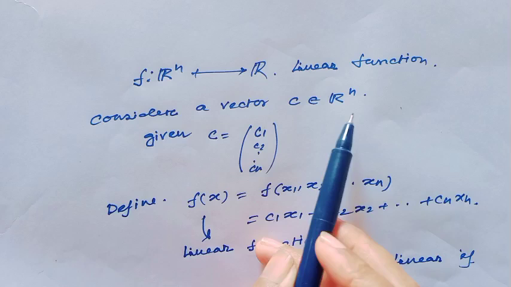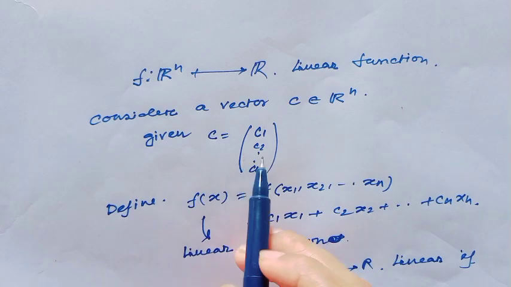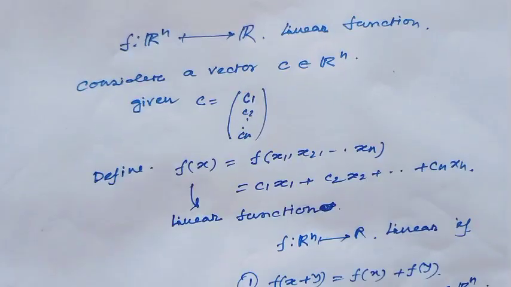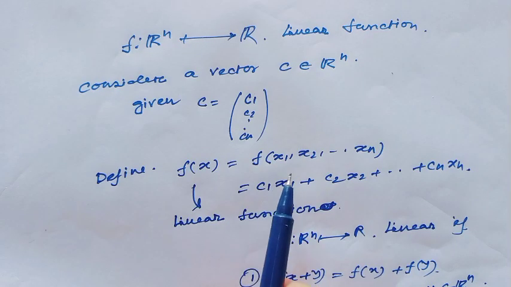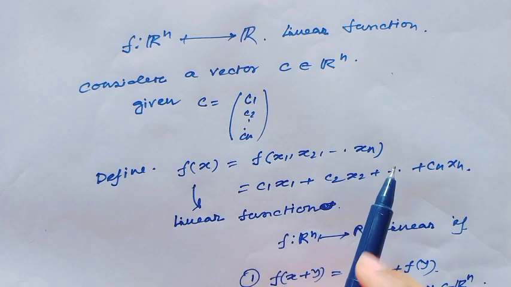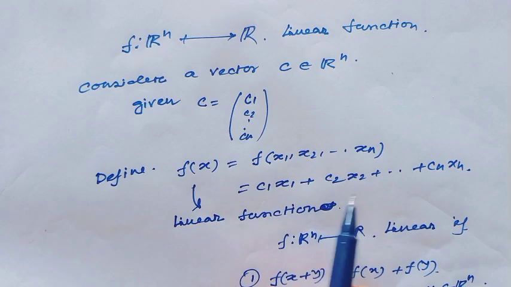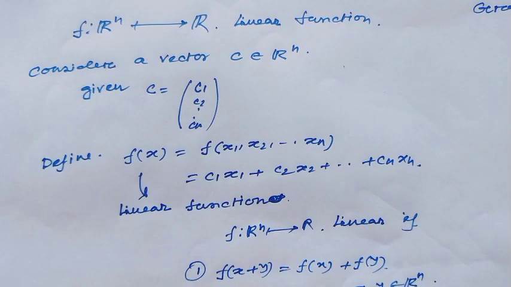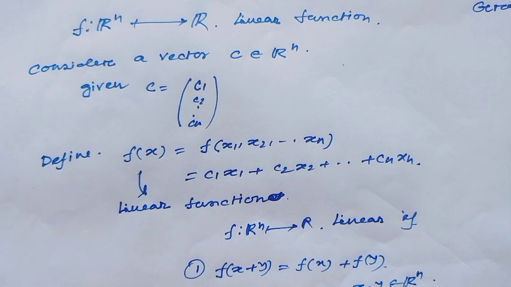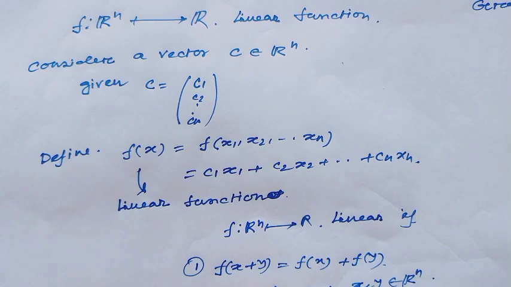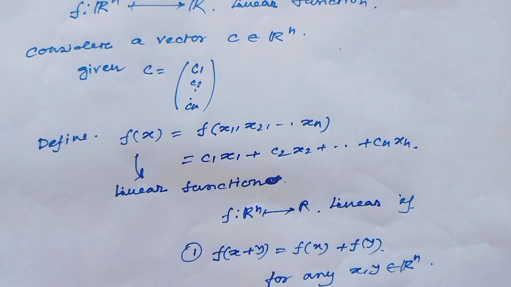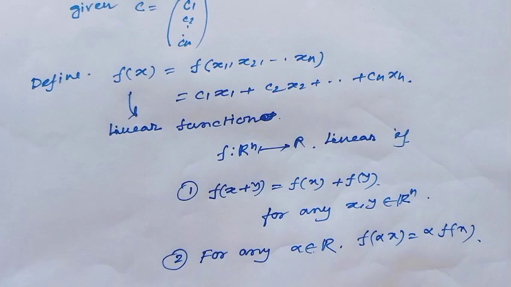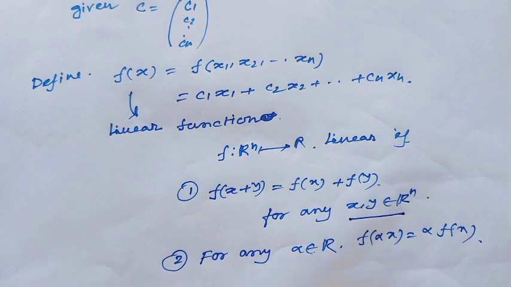Consider a vector c belonging to Rn, where c equals (c1, c2, up to cn). Then define f of x equals f of (x1, x2, up to xn), which equals c1 x1 plus c2 x2 up to cn xn. Obviously this type of function is linear. A mapping f from Rn to R is linear if, first, f of x plus y equals f of x plus f of y for any x, y belonging to Rn.